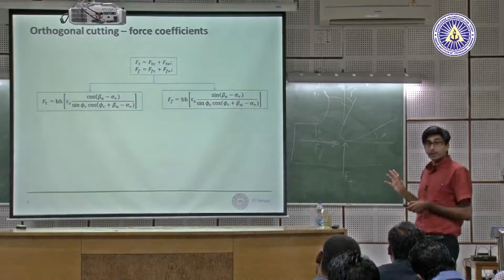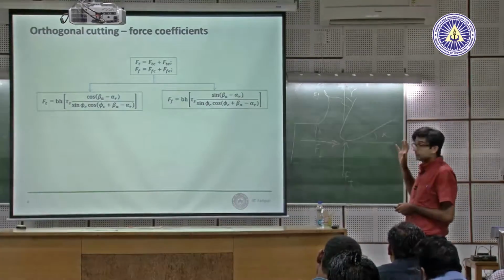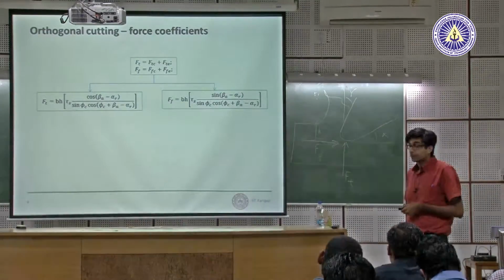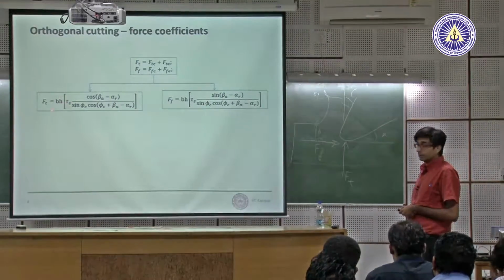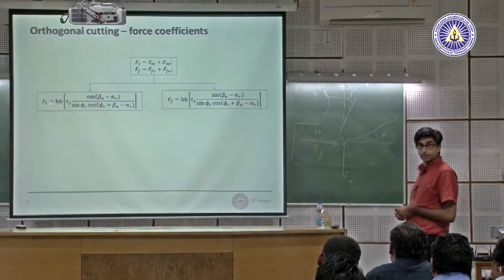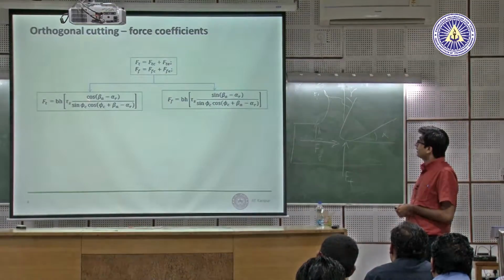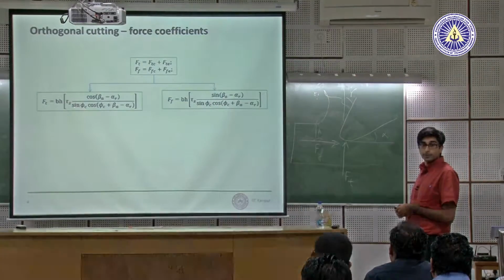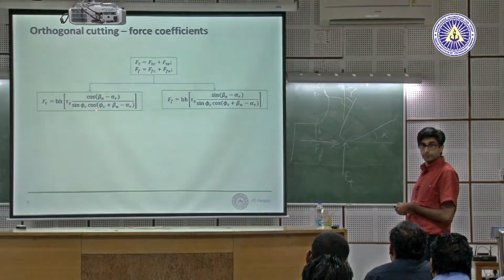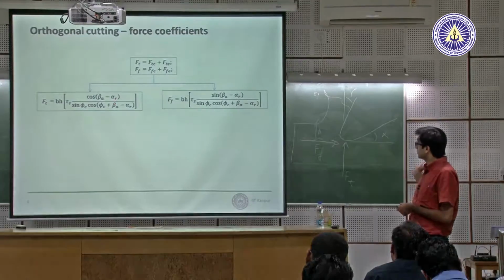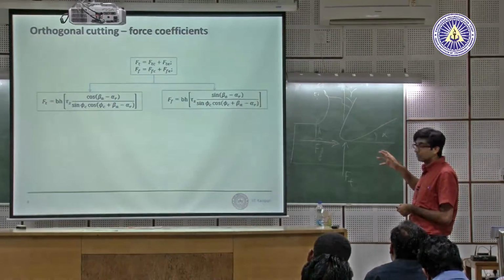These equations you might remember from yesterday. Yeah? These are for orthogonal cutting. To predict these forces, you need the width of cut, the uncut chip thickness, which is h, and then it's just geometry and properties of the tool. So beta is your coefficient of friction, the friction angle. Alpha is your, I think alpha should be actually the rake angle.